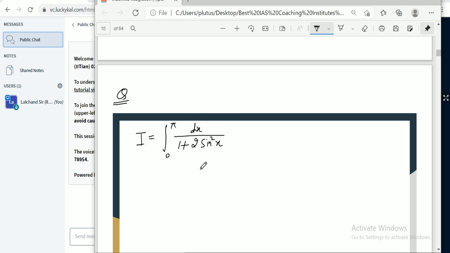How do we simplify this? Just take your time and try to solve this question fast.